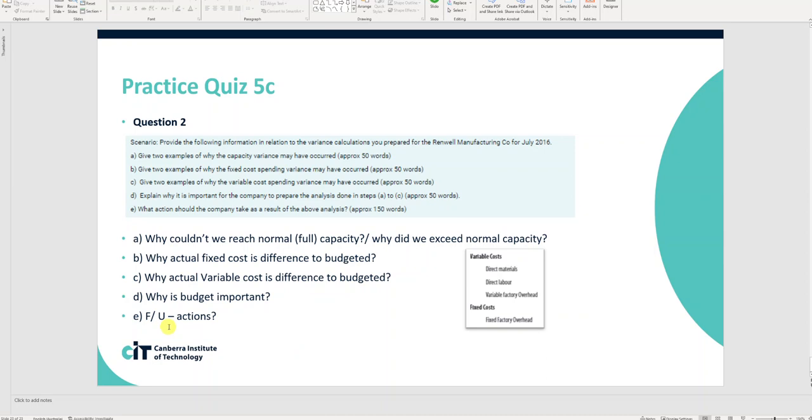How will that affect your selling price decision, etc.? So I strongly recommend you to please prepare your answer before the actual test, so in case you have similar questions in the exam, you won't run out of time to get your answers together with the word count as well.